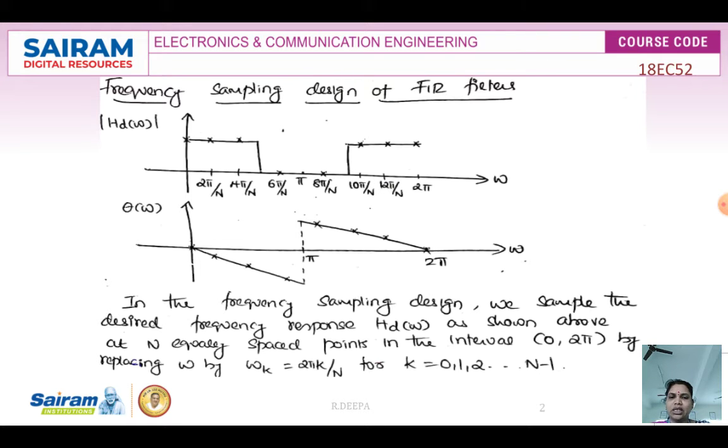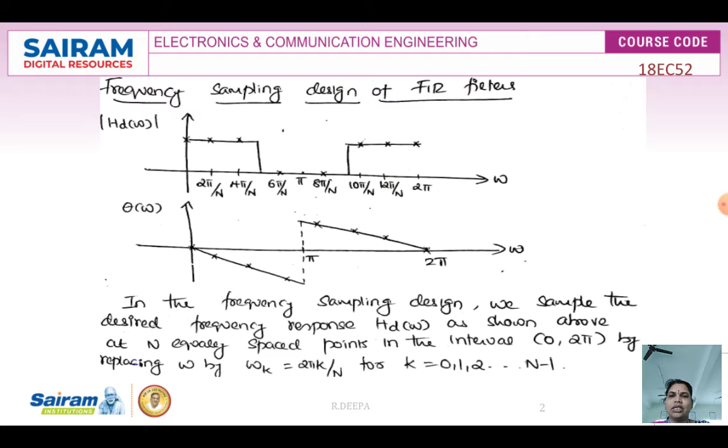Once k is equal to 0, omega 0 becomes 2 pi into 0 by N, so it is 0. This 0 I will be plotting on the graph, represented with a cross mark at the 0 point on the frequency response.